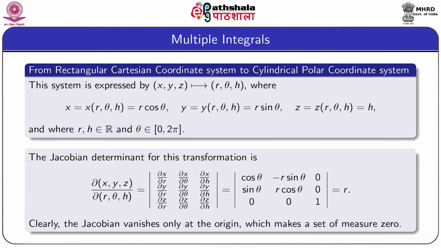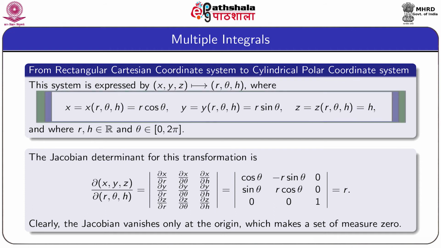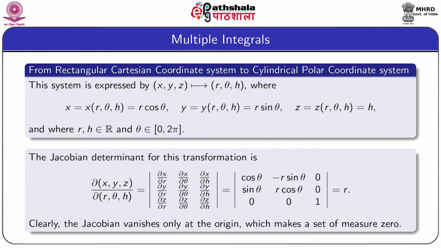First, we discuss the transformation from rectangular Cartesian coordinate system to cylindrical polar coordinate system. This system is expressed by ordered triplet (x,y,z) goes to ordered triplet (r,θ,h), where x as a function of r, θ, h is expressed as r cos θ, y as r sin θ, and z is h, where r or h are any real number and θ we consider from the bounded closed interval 0 to π.